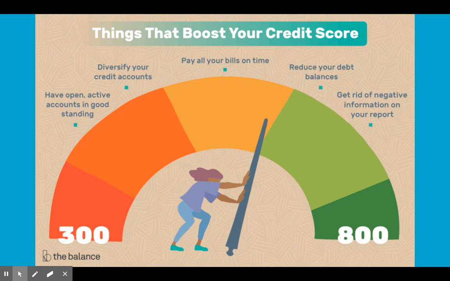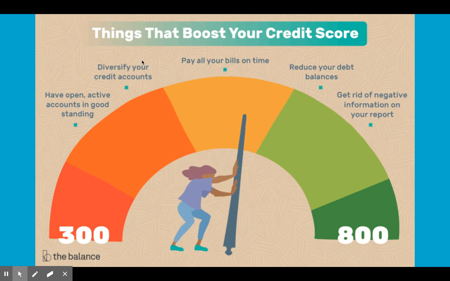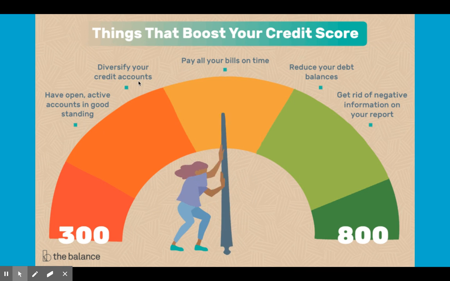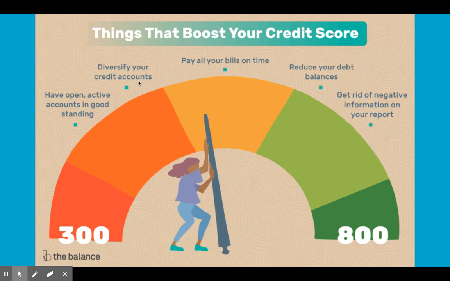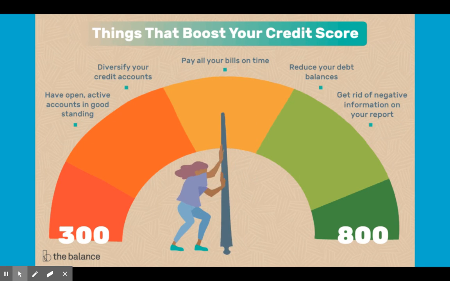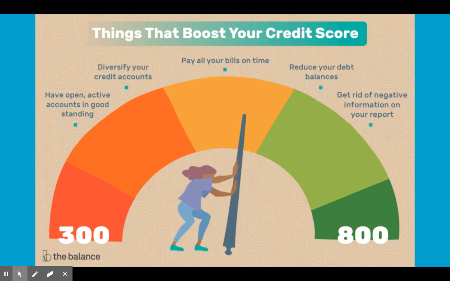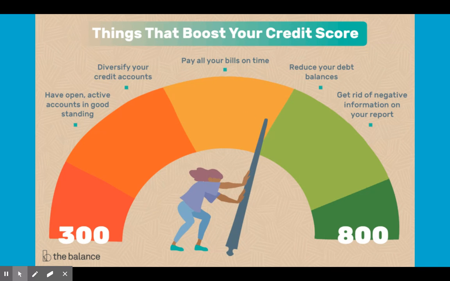The way you work on your credit score is to make sure that you turn your payments in on time, right? You have a diversity of credit accounts. We'll talk a little bit later about getting your first credit card, and you'll have to use that responsibly. And then, of course, when you buy your first car or something, you probably have to get a co-signer because you probably won't have a lot of credit score.